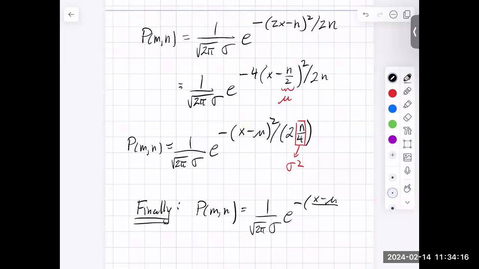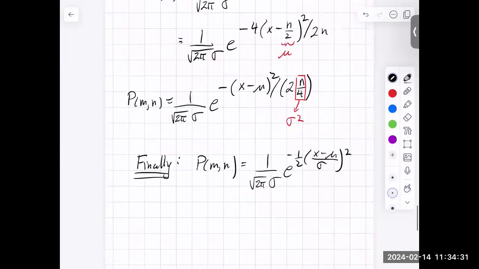That's all going to be squared. I also have a sigma squared here. So I can put that in here and squared. And I still just am missing my 1/2 factor. And so there it is. And this is the Gaussian distribution.